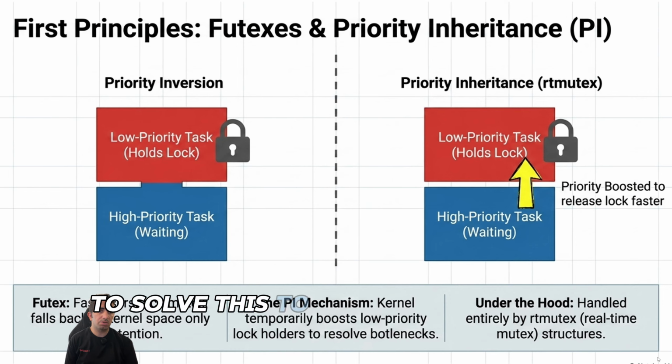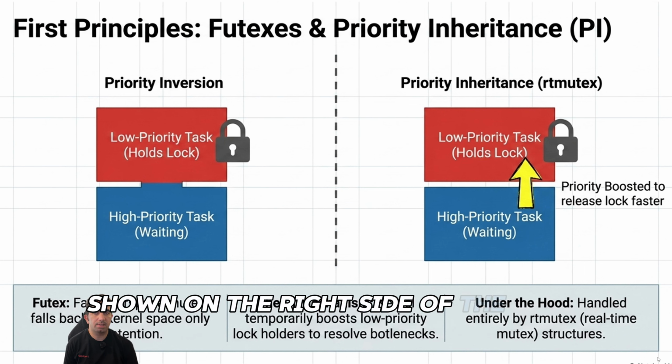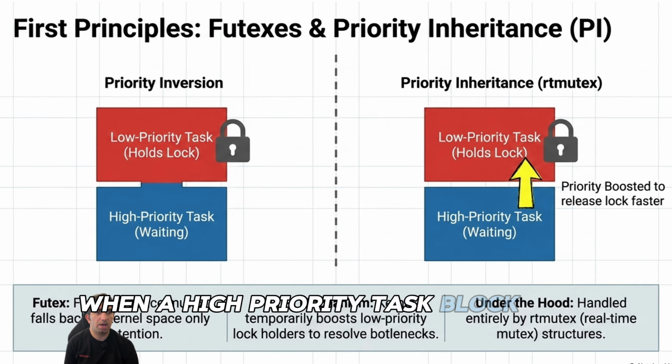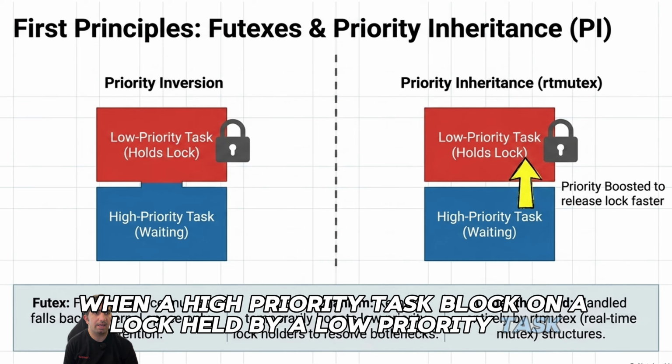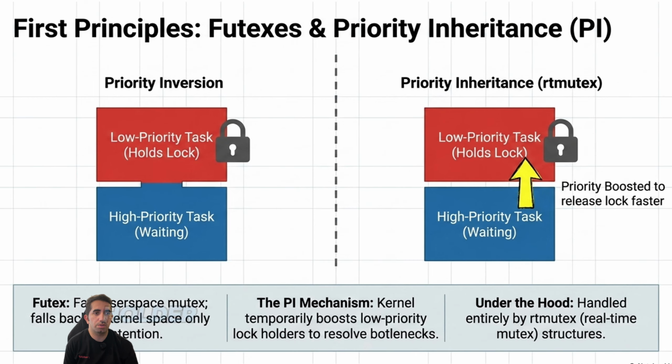To solve this, the kernel implements priority inheritance, or PI, shown on the right side of the slide here. When a high priority task blocks on a lock held by a low priority task, the kernel temporarily boosts the priority of the low priority lock holder to match the waiting task.